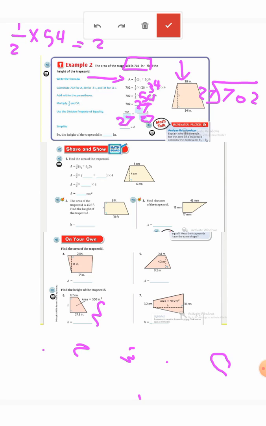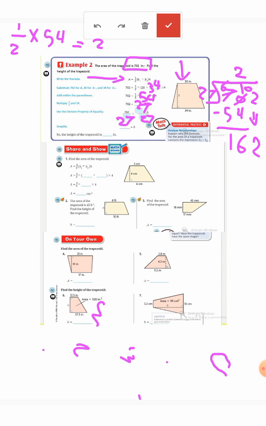Divide 27, it gives me what? 2. 2 multiply 27, it gives me 54. After we multiply, we are going to subtract. 0 minus 4, it cannot, it gives me 10. This one will be 10, and this one will be 6. 10 minus 4 is 6, 6 minus 5 is 1. After we make subtraction, we have to bring down 2.